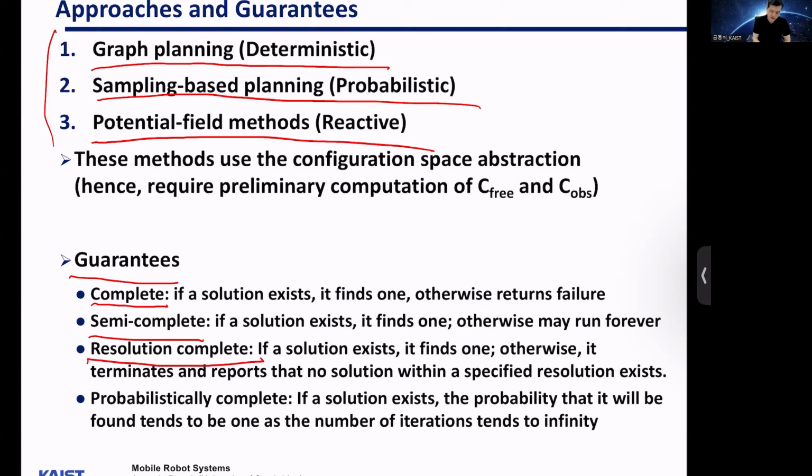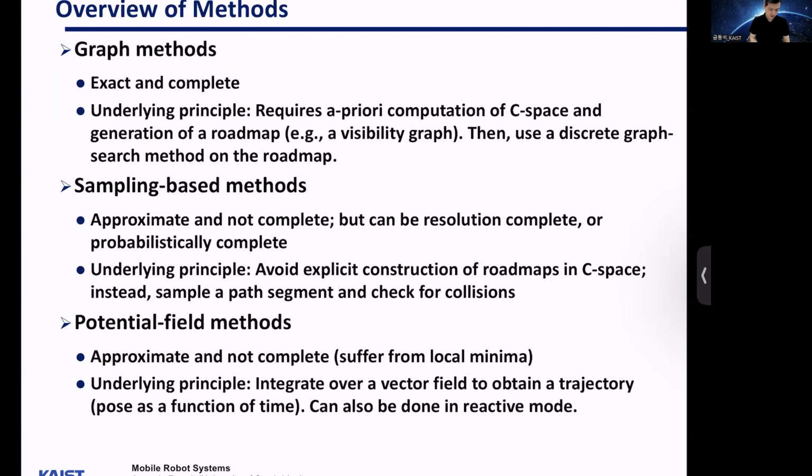Resolution complete means if a solution exists, it finds one. Otherwise, it terminates and reports that no solution within a specified resolution exists. And then there's probabilistically complete: if a solution exists, the probability that it will be found tends to 1 as the number of iterations approaches infinity. Okay, some definitions are introduced.